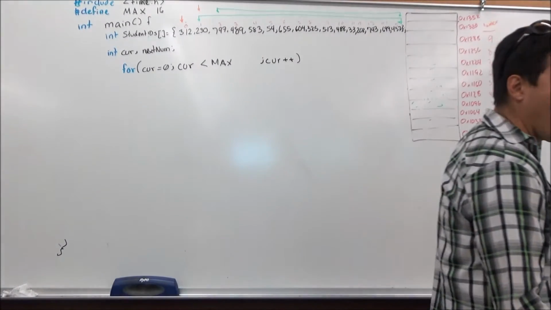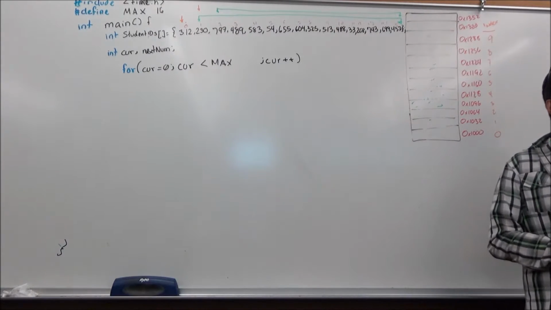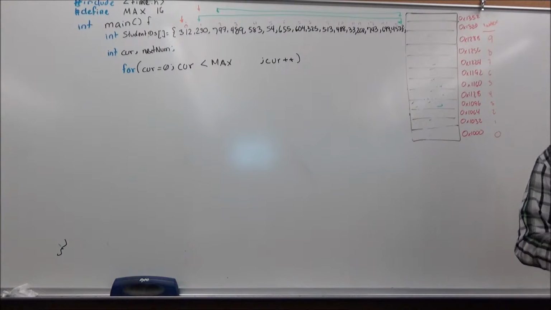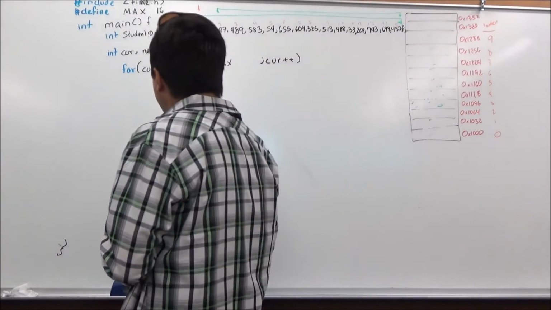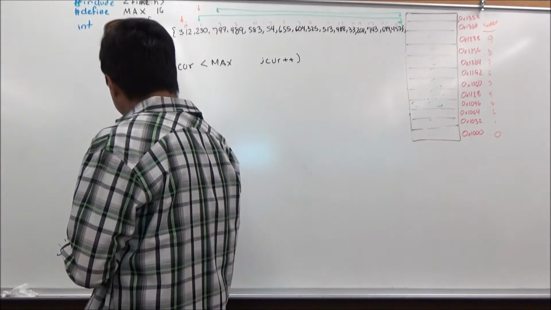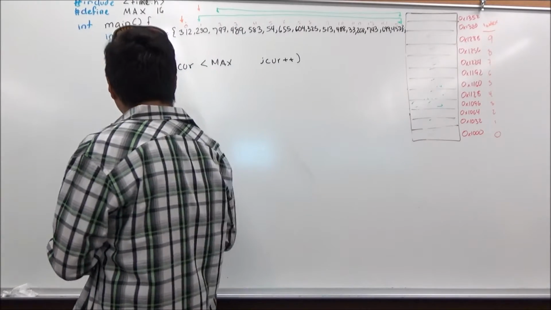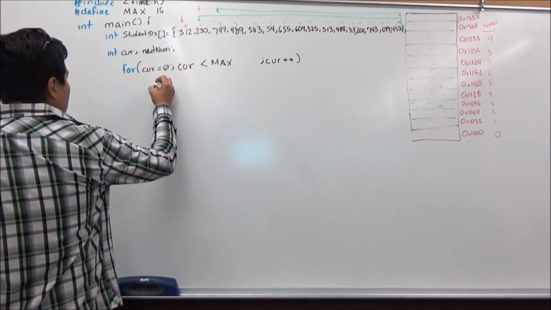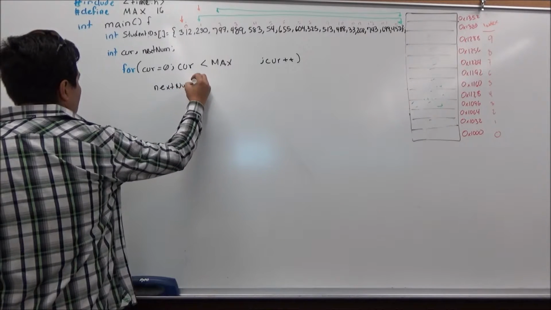I know it's if. Come on. I want to see some smoke coming out of your ears. Next number is equal to student ID, go with i. So you said next number is equal to what?